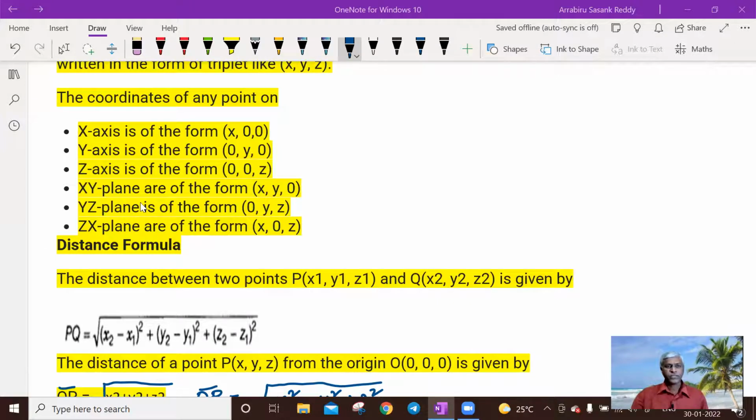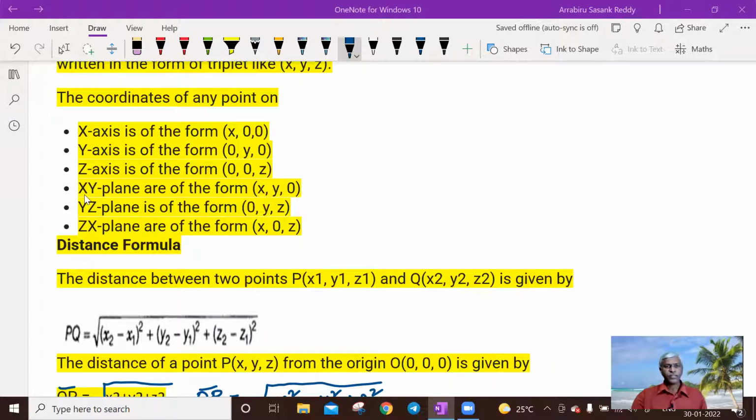And a point on the xy plane: a point on an axis and a point on a plane. Any point on the xy plane is x, y, 0. So the z coordinate will be 0. Here z is not there.